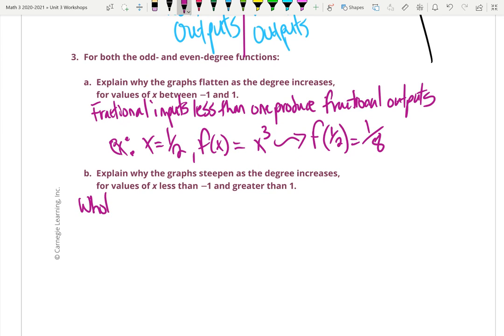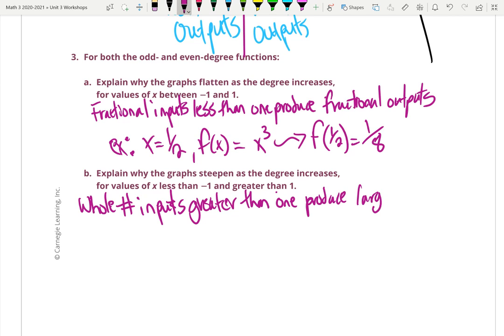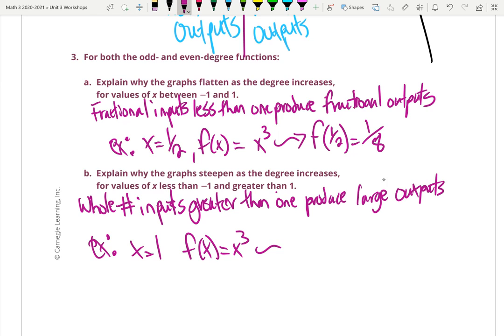Whole number inputs greater than 1 produce large outputs. For example, when x is 1, when f of x is equal to x to the third, the output would just be 1.